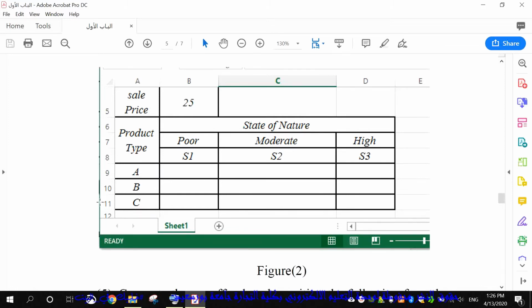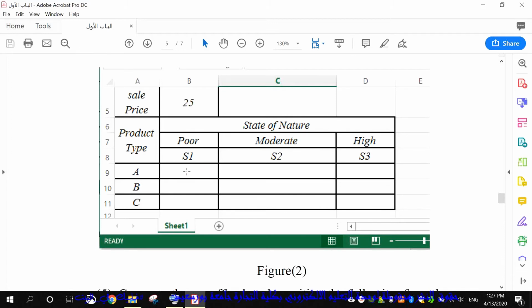The product types A, B, C are all the alternatives, and the states of nature in case of poor, moderate, high are denoted by S1, S2, and S3. So we have to calculate the elements of the matrix, starting from B9 and ending with D11.